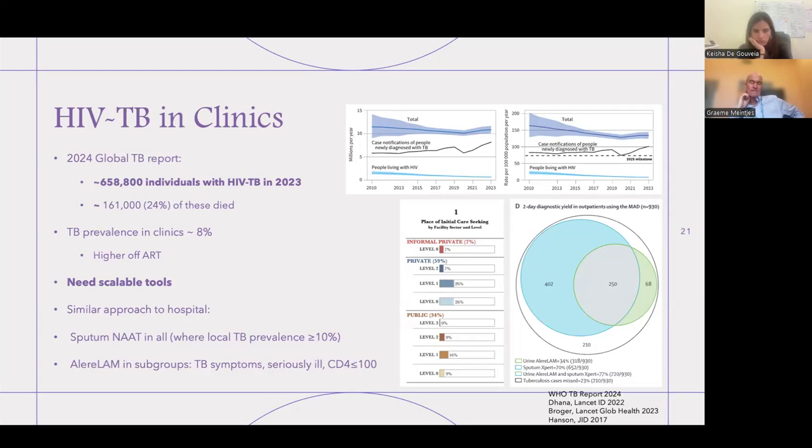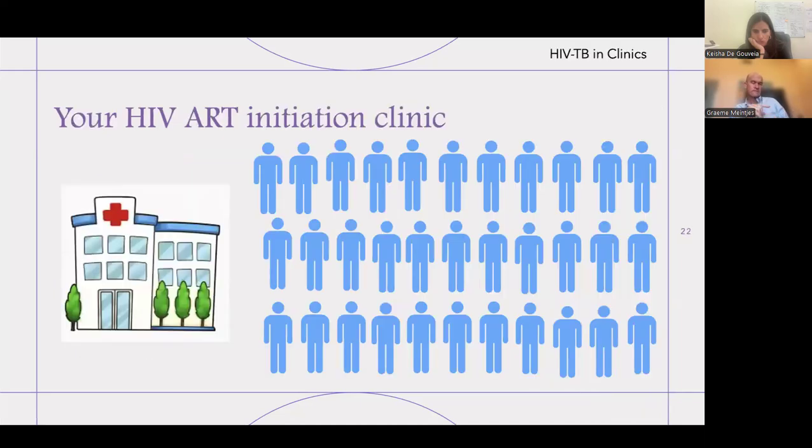And the LAM recommendation is slightly different with regards to CD4 counts. Instead of a CD4 count of less than or equal to 200 being indicated for LAM testing, it's 100 in outpatients.